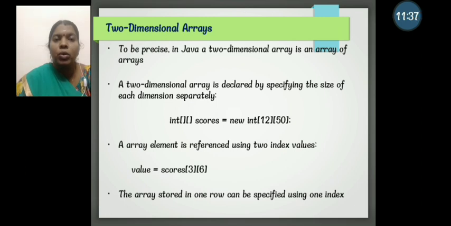The point to note is that this array will have 12 rows and 50 columns, and it forms a table. An array element is referenced using two index values, for example scores[3][6], which means third row, sixth column. A row can also be specified by using one index.